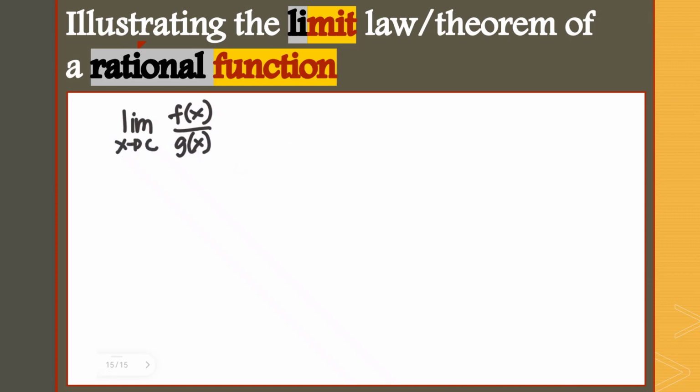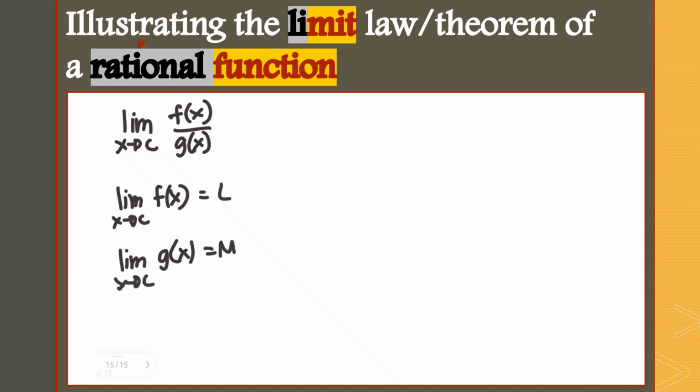The previous limit theorem for the limit of the quotient of a function is that if you already know the limit of f of x as x approaches c, and you also know the limit of g of x as x approaches c, let's say this is L, this is M, you can just simply take the ratio of L and M, because you already have these two values. But for the limit of a rational function, the assumption here is we don't know yet what L and M are.